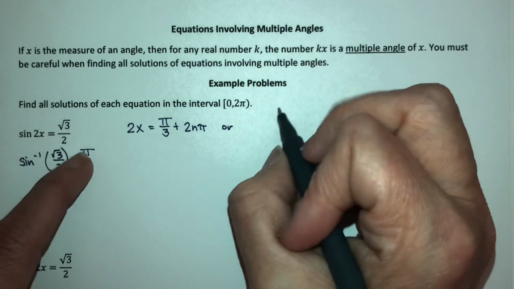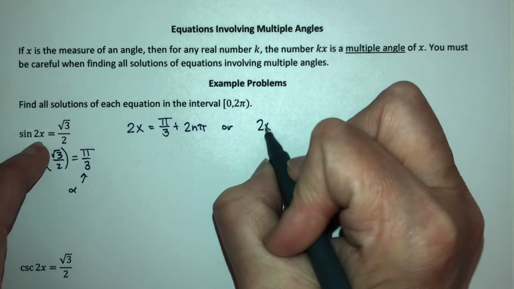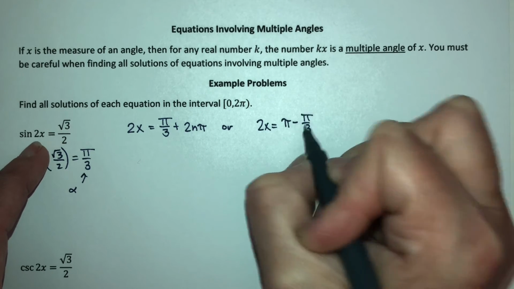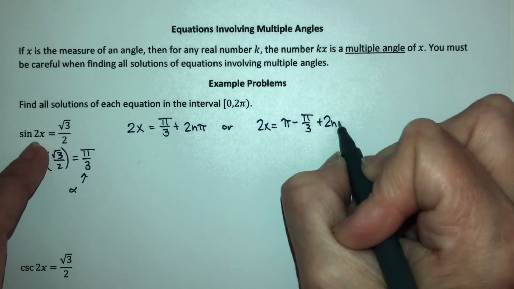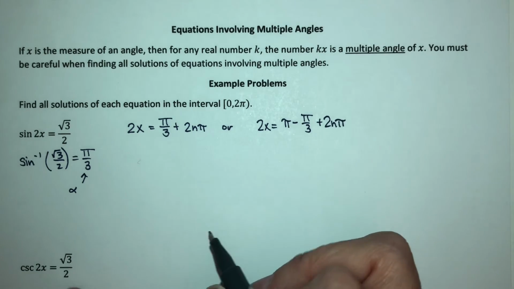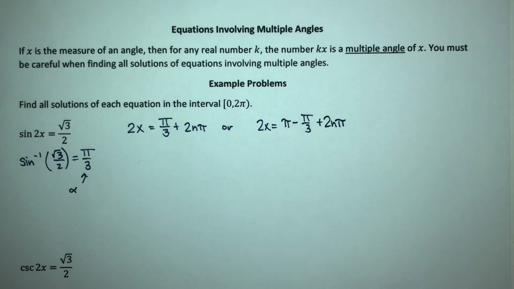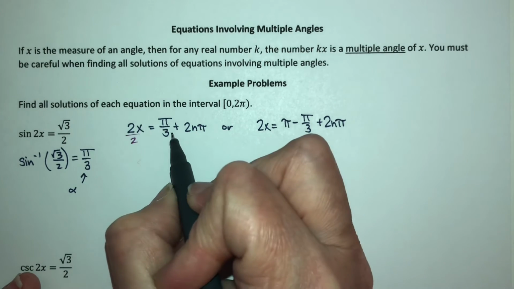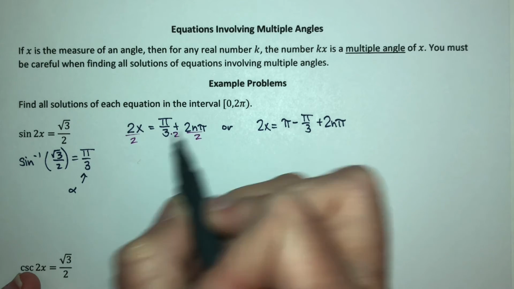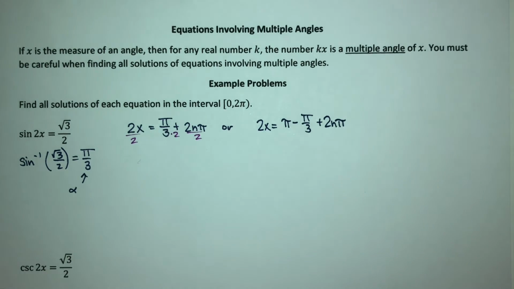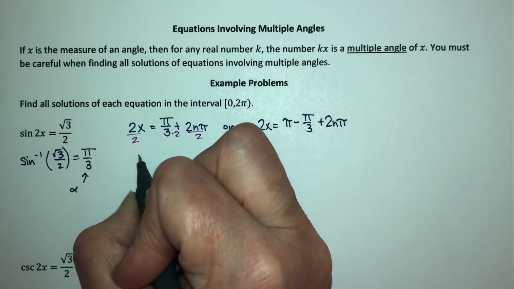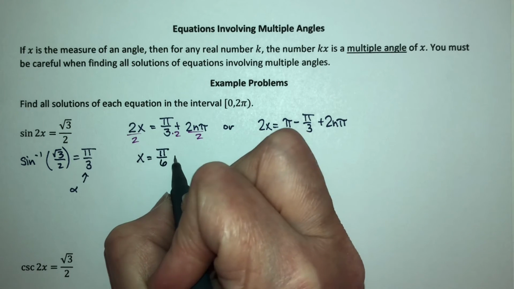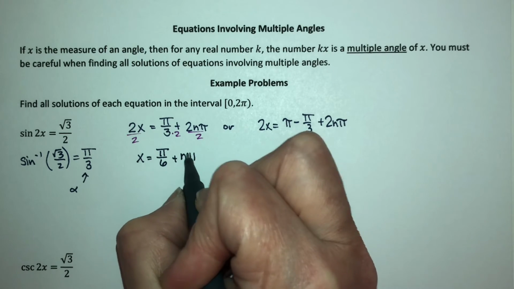Or, since it is sine, we have 2x is equal to pi minus pi over 3 plus 2n pi. Now, I need to solve for x. And this means dividing every single thing by a 2, which means multiplying that denominator by a 2 when you divide by 2. So I have x is equal to pi over 6 plus n pi.